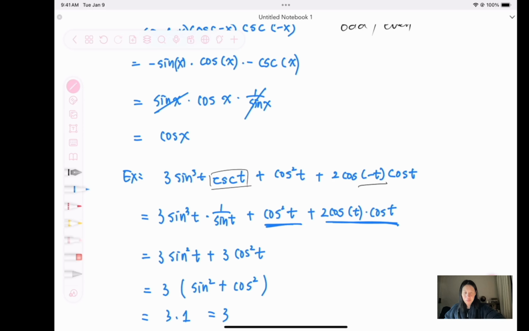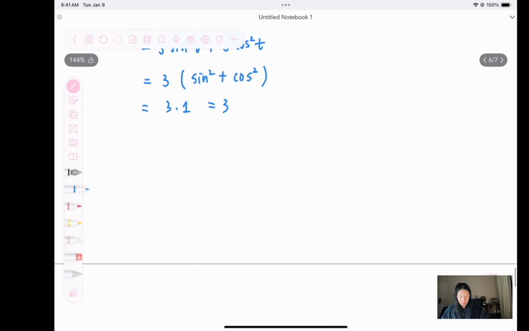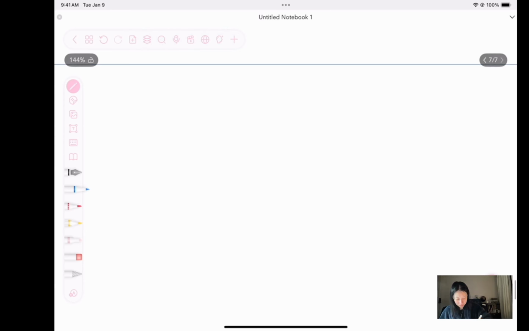Okay, now this one is very complicated. Even for me, I spent like 2 full sheets of draft paper to solve this one. Here we are, let's do it.